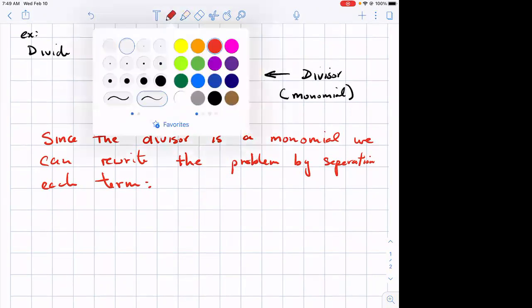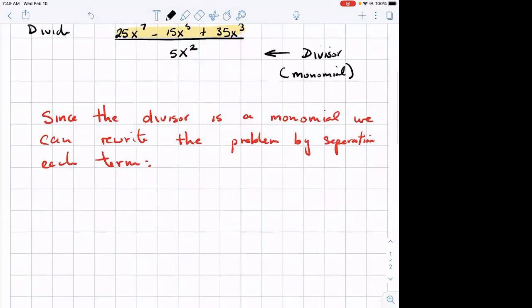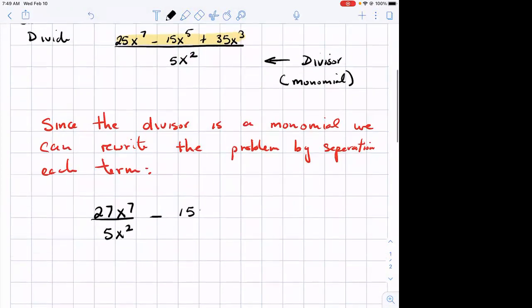If we do this, we will get 25x to the 7th divided by my divisor, 5x squared, minus 15x to the 5th divided by 5x squared, plus 35x cubed divided by 5x squared.